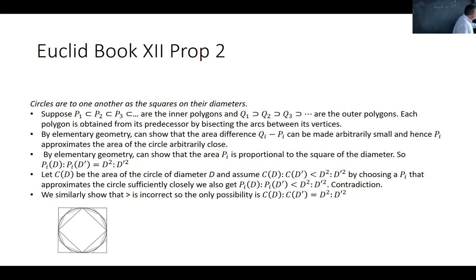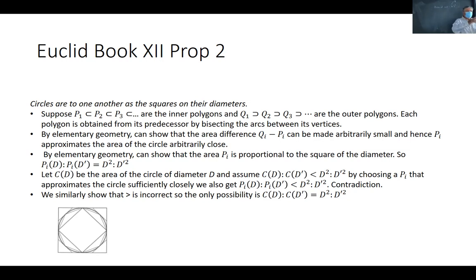And why is that? Well, if you look at, for example, the inner square and the outer square, the difference is this triangle here. And when you go from the inner octagon to the outer octagon, the difference is these two little triangles here. And all you have to do is show that those two little triangles together are less than half of the big triangle there, which is straightforward to do by elementary geometry.